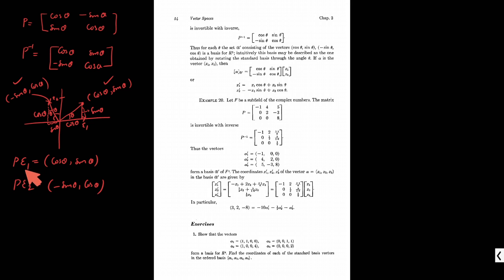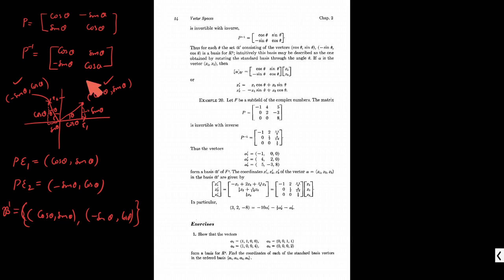And using this P, since P is a non-singular matrix and epsilon 1, epsilon 2 are the standard basis, we can say that these two are again a basis for R2. Say B prime. B prime is the ordered basis. The first element is (cos theta, sin theta), and the second element is (minus sin theta, cos theta). These are the vectors in the new basis B prime.